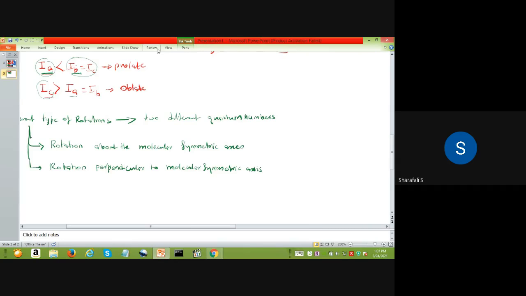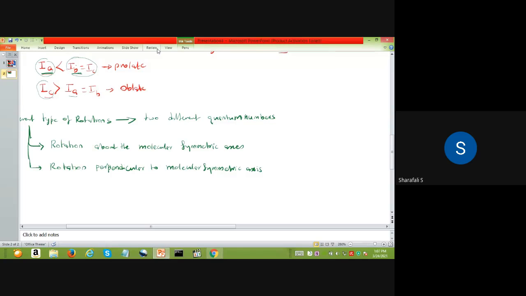If you draw that, it is like F here, then we have this C, then we have those H, something like this.